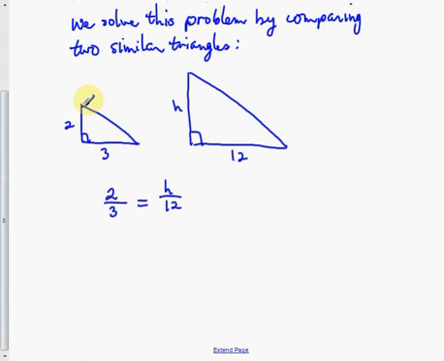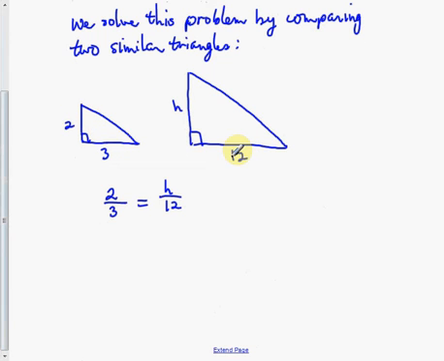This 2 meters on this side represents the same side as the height of the pole. And the shadow for the person, 3 meters, also represents this same dimension for the 12 meters of the shadow of the pole. So I relate them. 2 is related to H. 3 is related to 12. You have a ratio, right? 2 goes to H, 3 goes to 12.